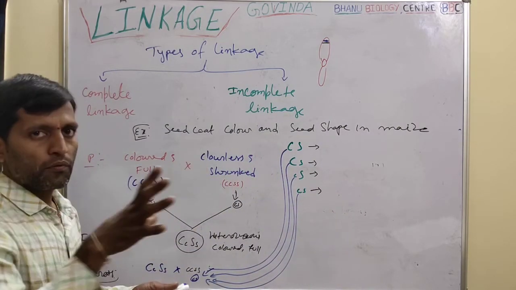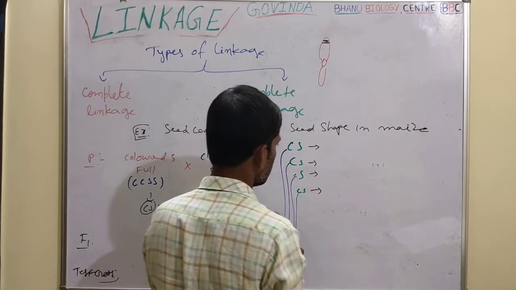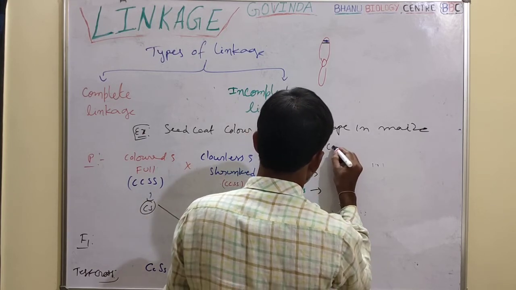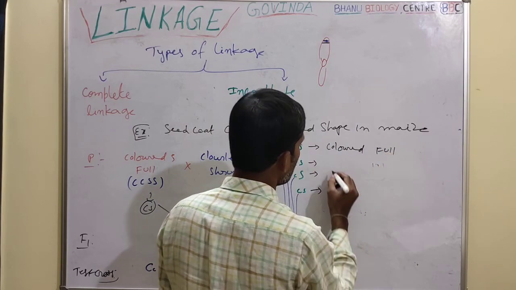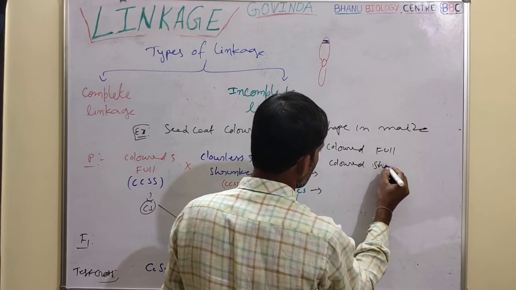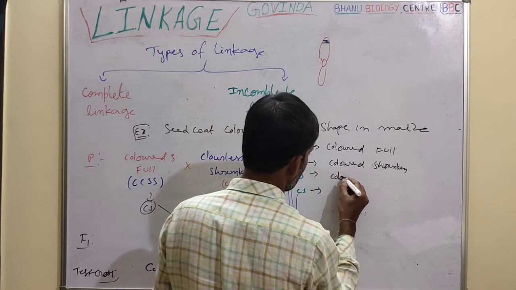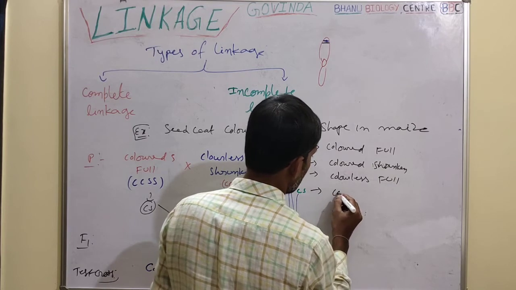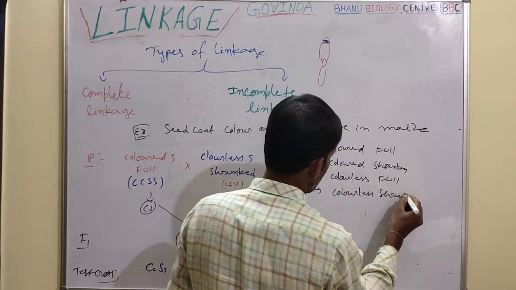Here four types of offspring are produced. One is colored full, another is colored shrunken, then colorless full, and the fourth combination is colorless shrunken.